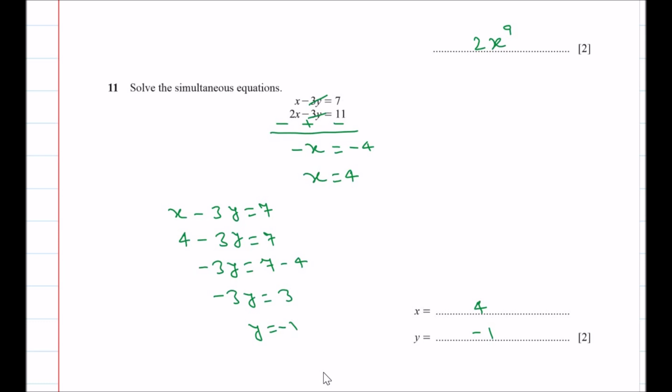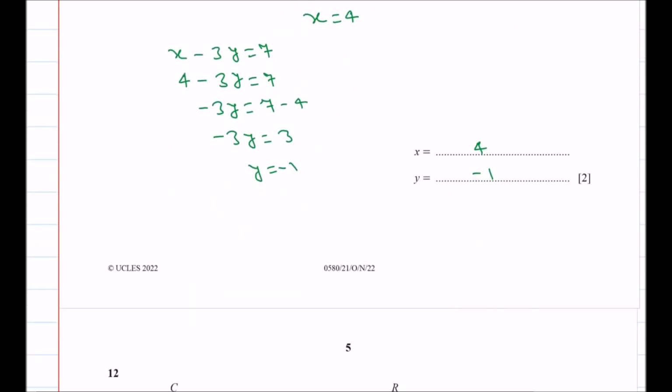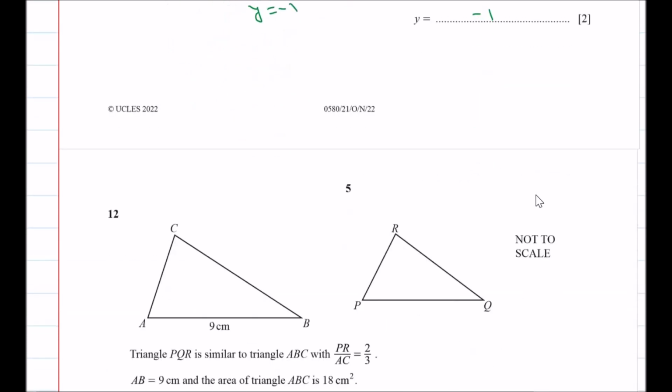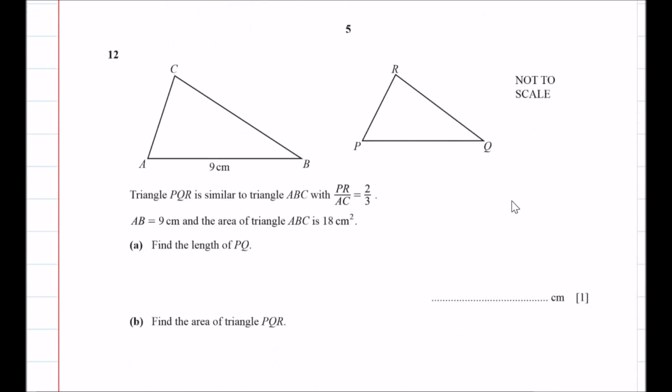Okay. Now the next question. This is a similar triangles question. Similarity topic. Now triangle PQR is similar to triangle ABC with PR by AC equal to 2 by 3.